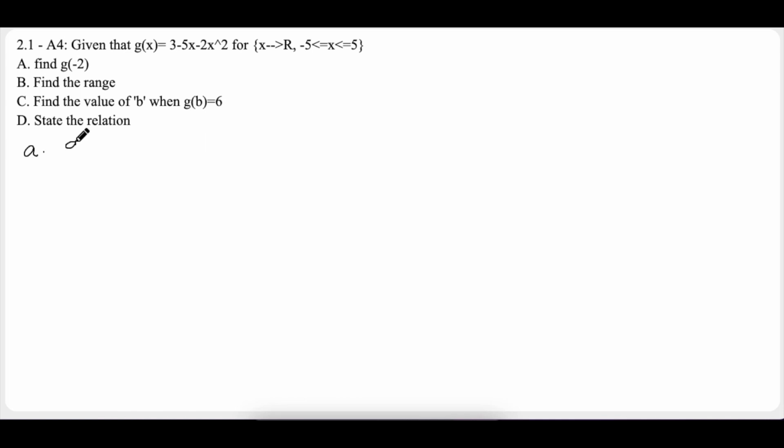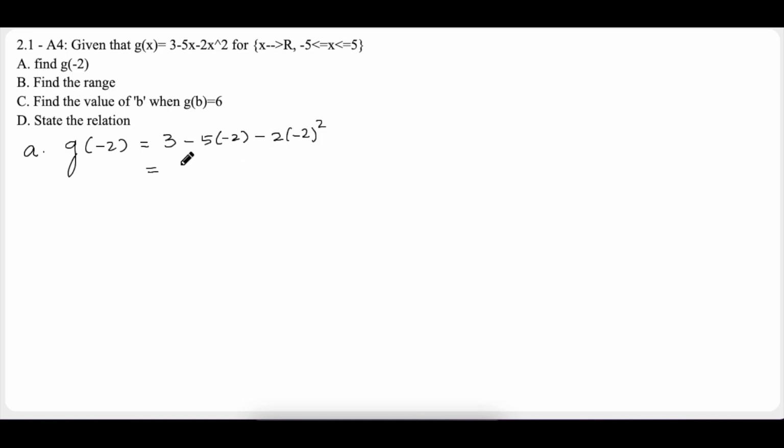We need to find the value of g of minus 2. So for g of minus 2, we substitute minus 2 in place of x. So 3 minus 5 times minus 2, minus 2 times minus 2 the whole squared.